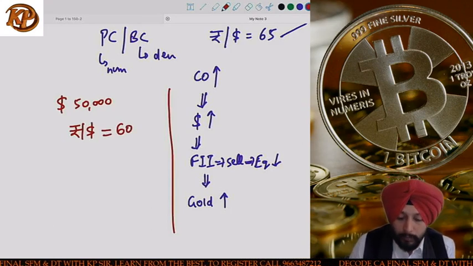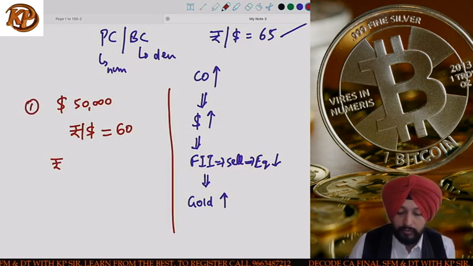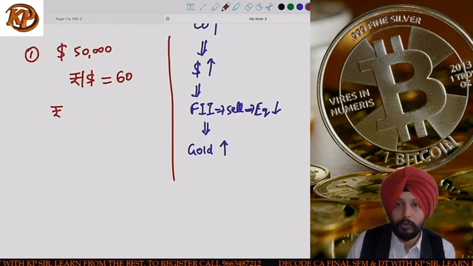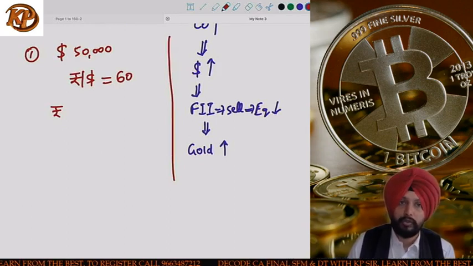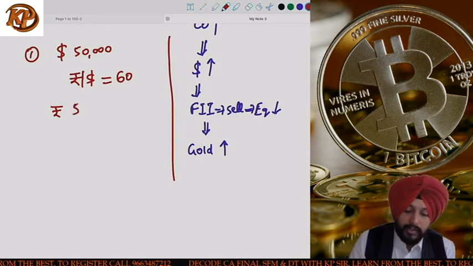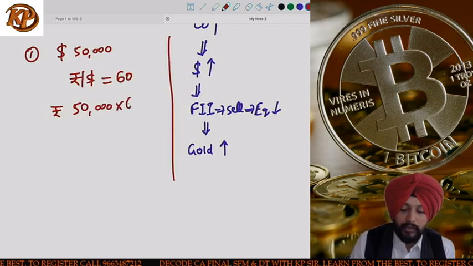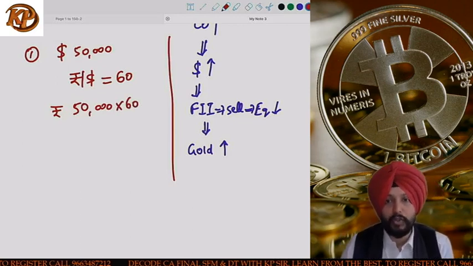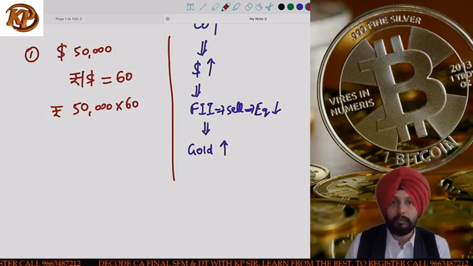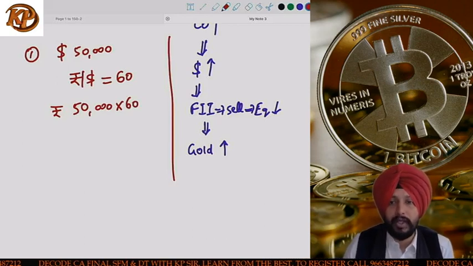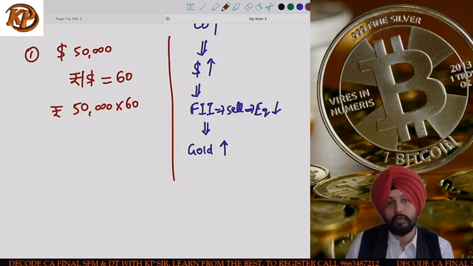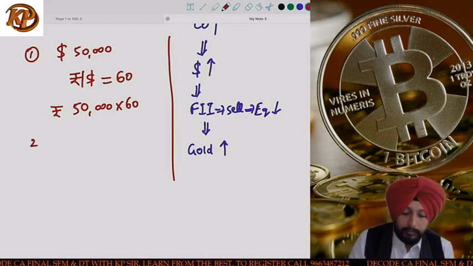If I ask you how much rupee you will get on conversion, what is your answer? It's very simple. You will say, sir, 50,000 into 60, that is the amount of rupee you will get. Correct? From dollars, if you convert into rupee, obviously everybody knows that by giving dollars you will get a lot of rupees, so for that you should multiply.